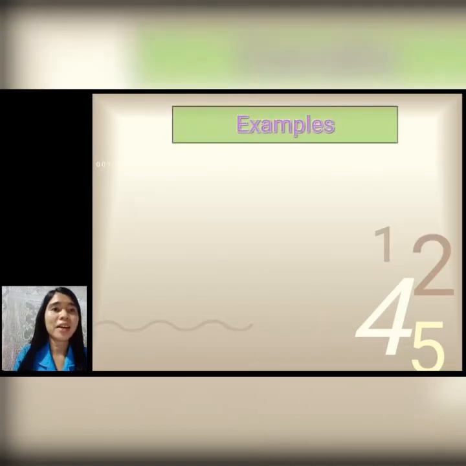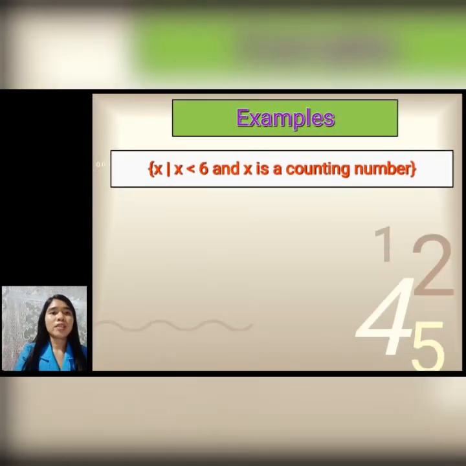Okay, let's have an example. It can be read as the set of x such that x is less than 6 and x is a counting number. How can we write that? As you can see, there are braces, and inside the braces there are 1, 2, 3, 4, 5, and these are called the elements.